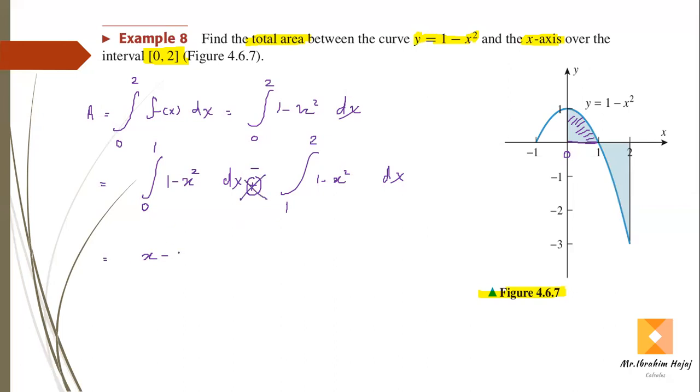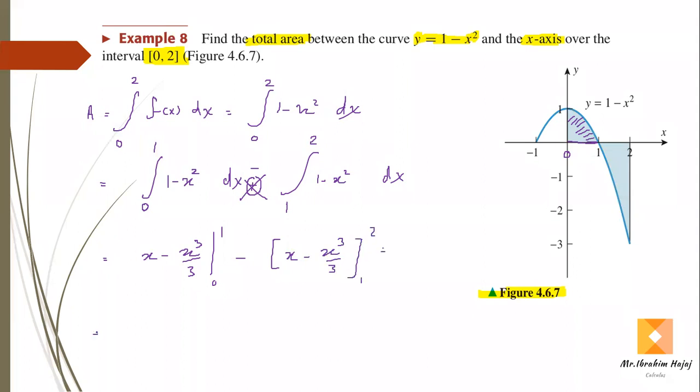So it's x minus x to the power of 3 over 3, and then evaluate from 0 to 1. We substitute 0 and it equals 0, and we substitute 1. Let's complete the other integration, which is also x minus x cubed over 3, from 1 to 2.